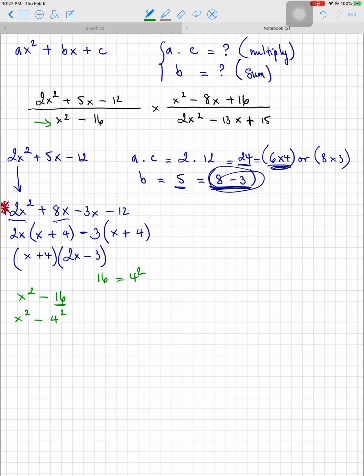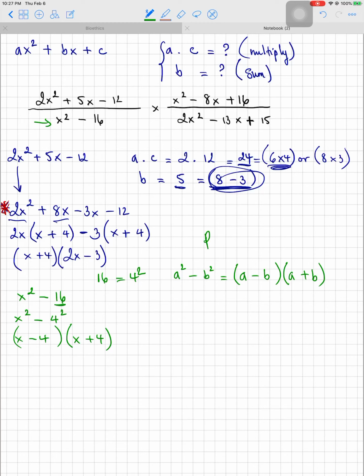And then you know that it's going to be x minus 4 and x plus 4. This is from the equation right up here: a squared minus b squared is going to be a minus b, a plus b.